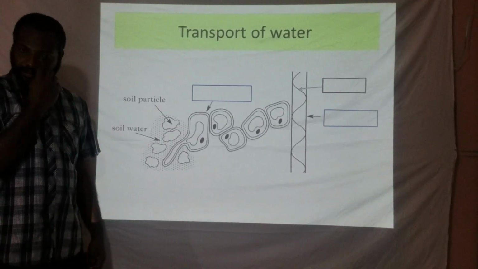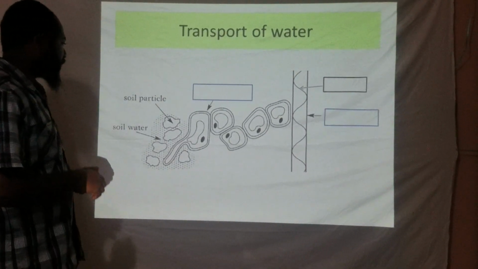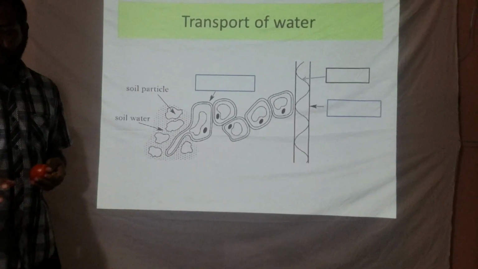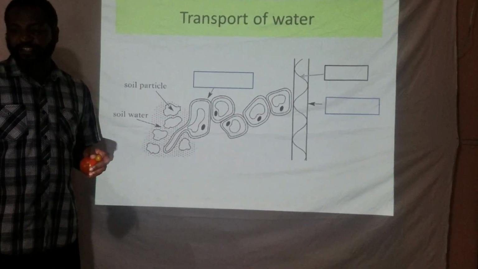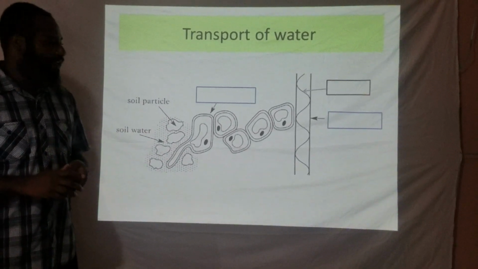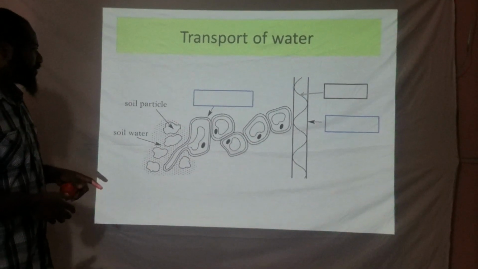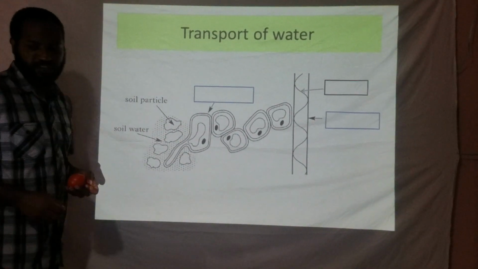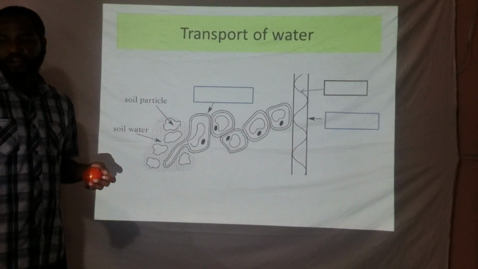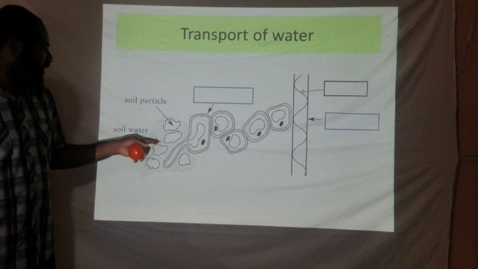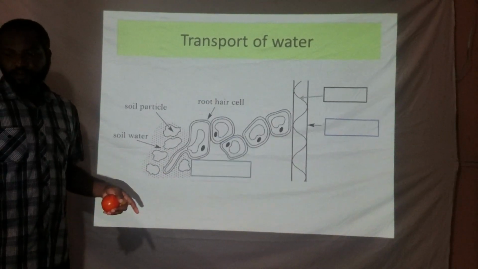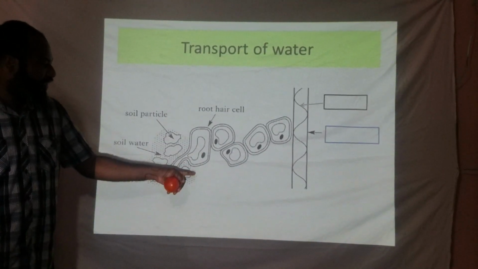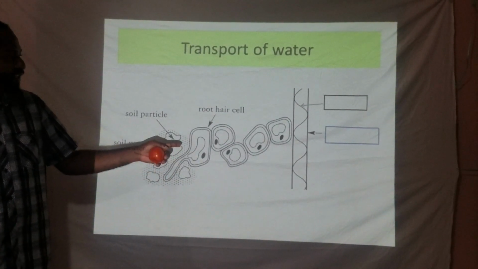Now, if you are willing to look at your PowerPoint presentation, you are going to be labeling a diagram. We see here what looks like a plant root, and it is getting some water from the soil. We see the water in the soil particle, and we are also looking at this part, which is the root hair cell.